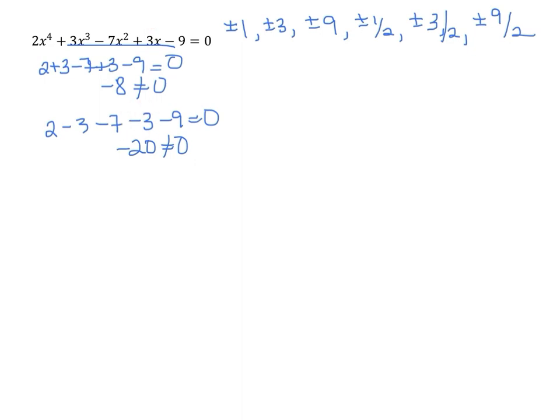Now that we've done that, let's start with 3. Boy, that sure made that process a little easier, didn't it? Okay, we should be able to see right off the bat here, this is not a root.